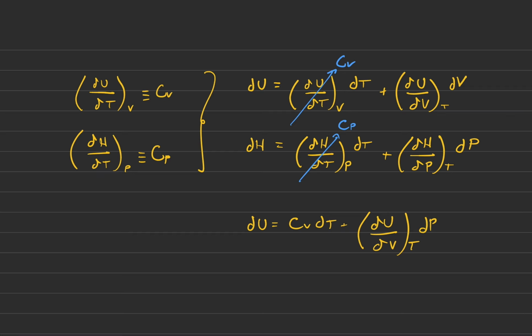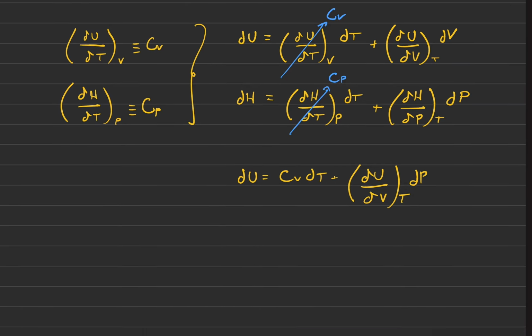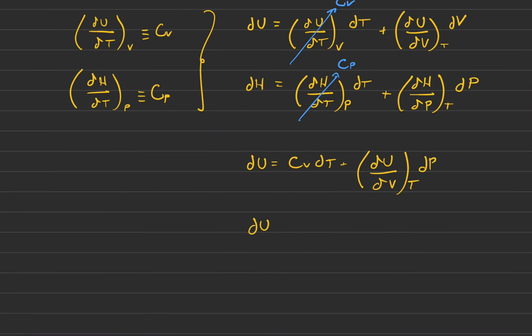But suffice it to say that in an ideal gas situation, which we've not covered, these partials on the right go to 0. This is not the case for non-ideal gases, though they could be small.